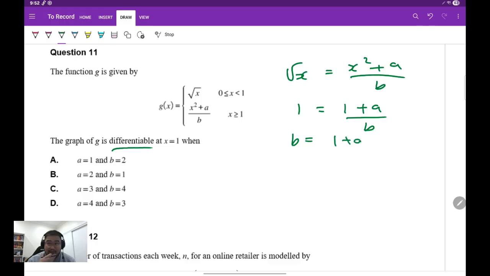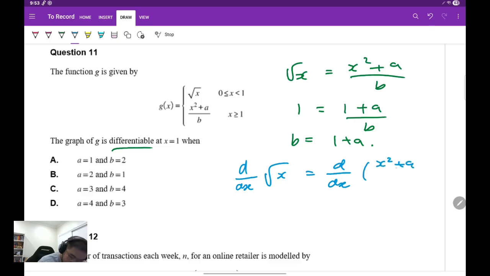And we'll stop at that point for now, because the next thing that we need to consider is when something is differentiable, it means that the gradient as you approach from the left of that point is equal to the derivative as you approach from the right. So in essence, we're finding the derivative, d by dx, of square root of x and d by dx of x squared plus a over b.